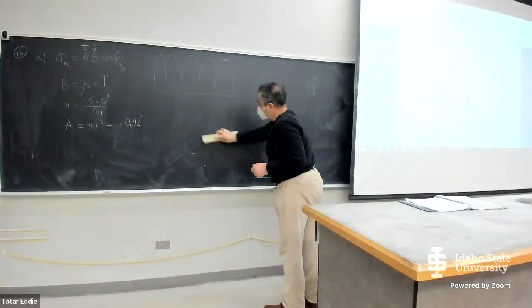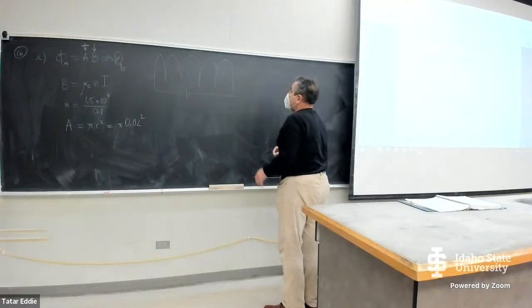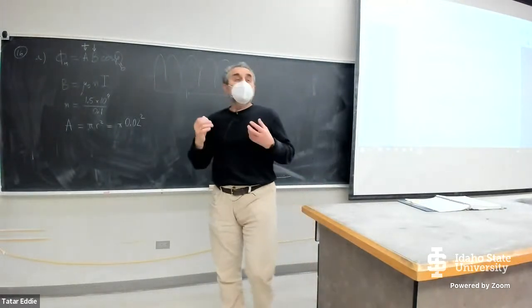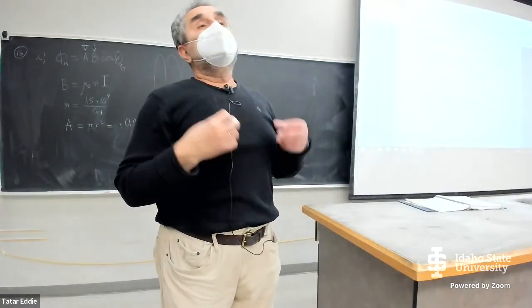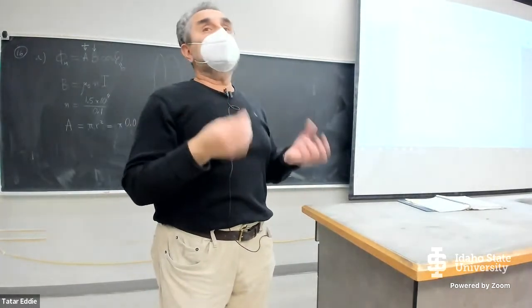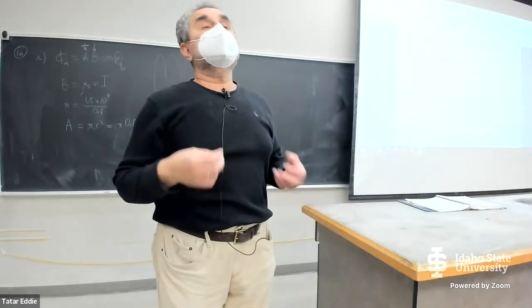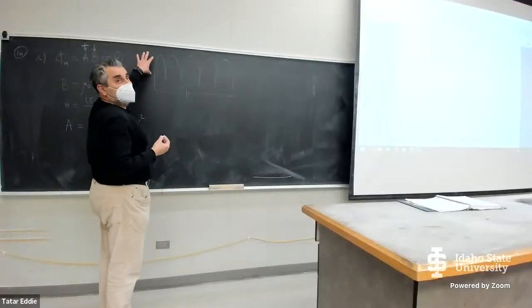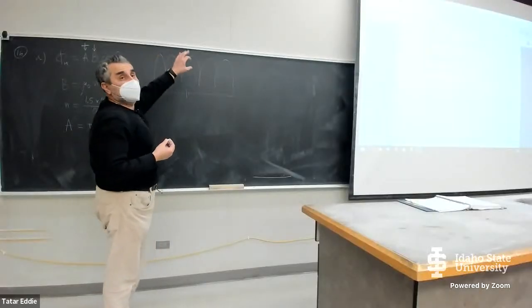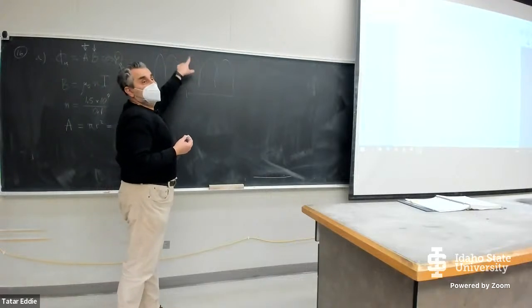So by definition, mutual inductance is the coefficient of proportionality between the magnetic flux in the secondary coil and the current in the primary coil. In this case, the primary coil is your solenoid. The secondary coil is your loop.